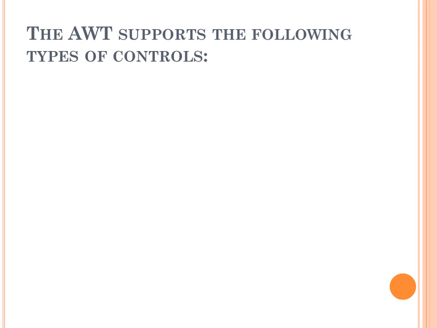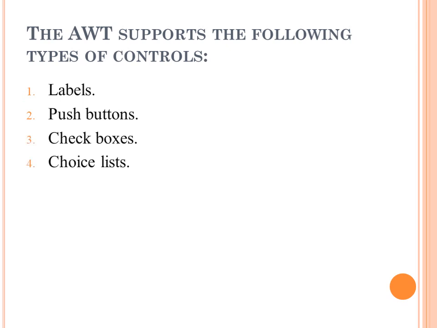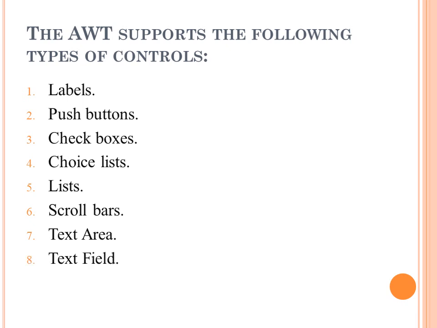Now in the next slide we are going to study what are the different AWT components that have been supported. Now let us see the types of controls. First one is labels, second one is push button, third one is checkbox, fourth one is choice list, fifth one is list, sixth one is scroll bars, seventh one is text area, and eighth one is text field.